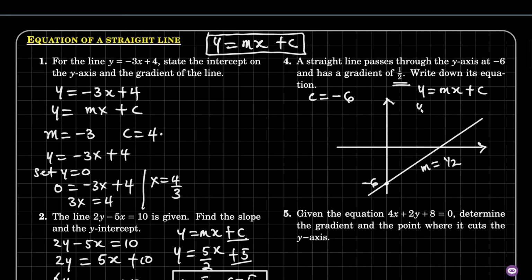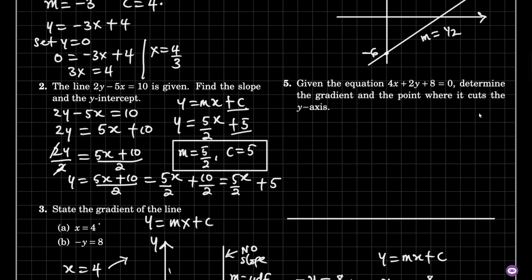So we have y equals m is 1/2 times x plus c, which is -6, I beg your pardon. Since we have that c is -6, we just replace the c that we have here with -6.